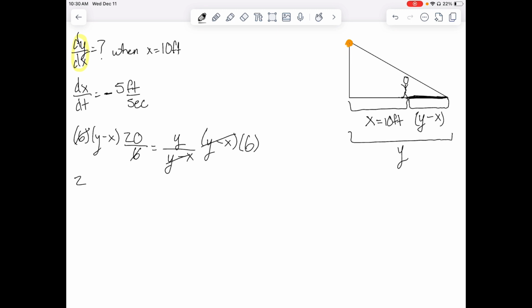So we're going to have 20 times y minus x set equal to 6y. We can simplify that, so that's 20y minus 20x equals 6y.